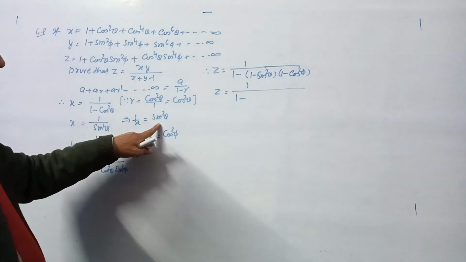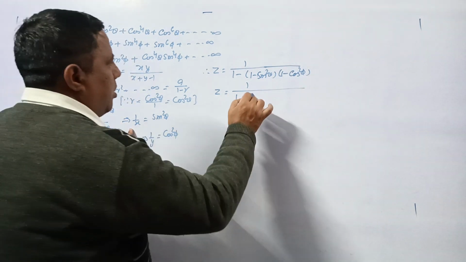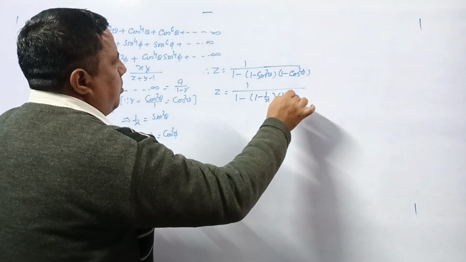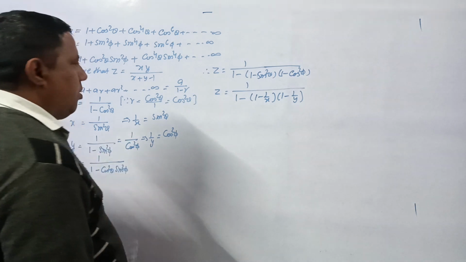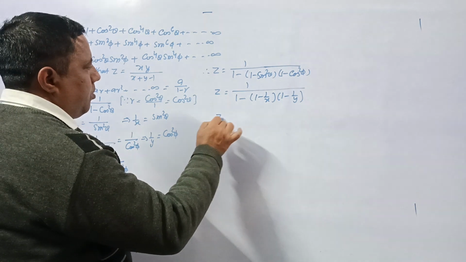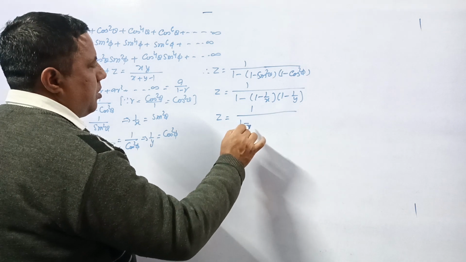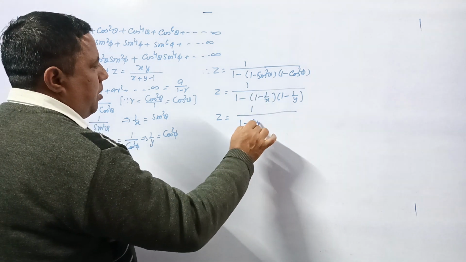Sin square theta is 1 by x, so 1 minus 1 by x, and 1 by y. So z equals 1 upon 1 minus, here take x minus 1.